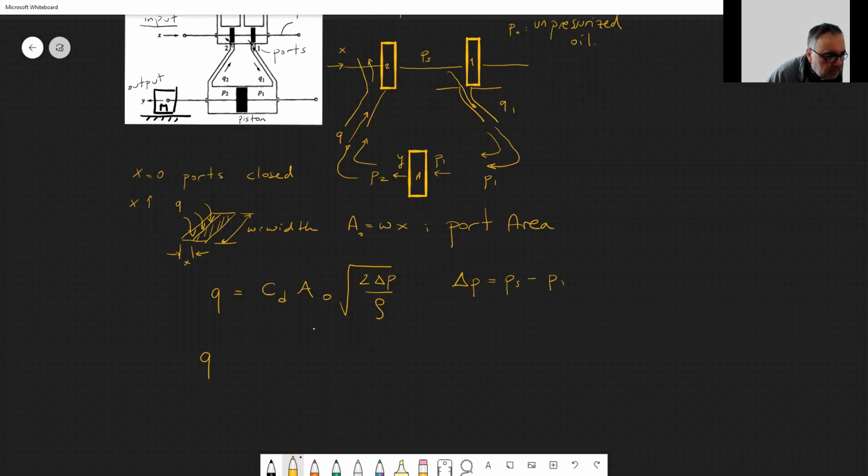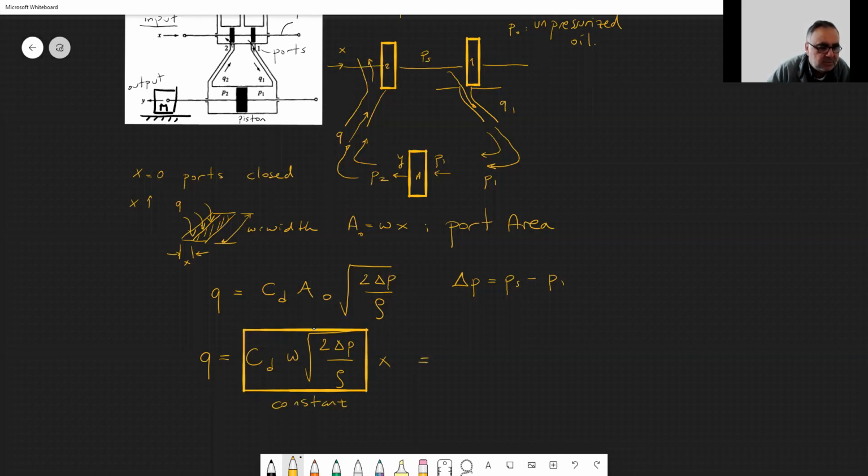And you can write this Q as, if you like, CD times A0, which we said is W times X, times the square root of 2 delta P over rho. Now what do we see? CD is the discharge coefficient of the orifice. W is the width. Delta P we assume to be constant. Rho is constant. So this whole thing is constant.